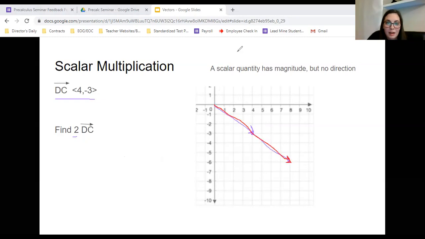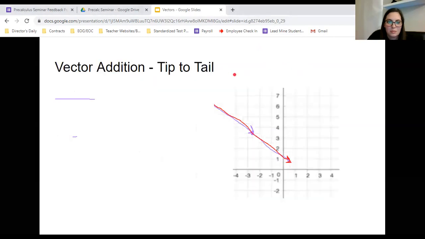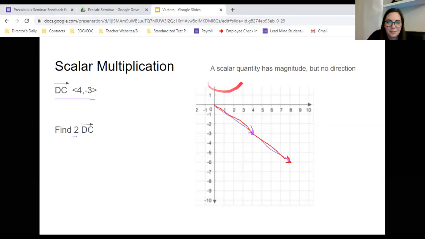All right. Now I can also do that algebraically fairly easy. I'm going to just take each of my components and multiply those. I think I actually might have typed this out. Let's see. Oh, nope, I didn't. So let me go back real quick. All right, so to find 2DC, I'm going to take my x component, 4, and multiply it by 2, and take my y component, -3, and multiply it by 2.